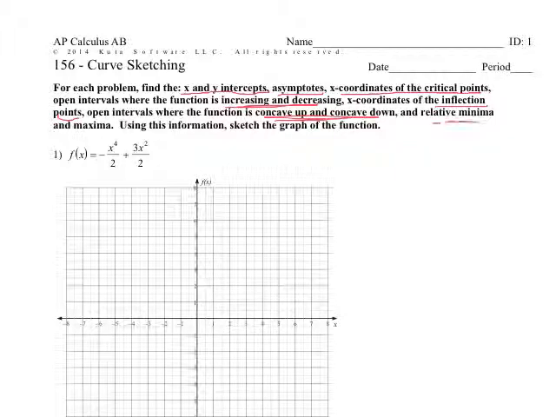And then finally, what are our relative minima and maxima, and sketch it. And truly this is a wonderful comprehensive skill that is testing all of the things that you need to know for this unit. So this covers 4 or 5 skills in one go. Let's take a look at problem number 2.